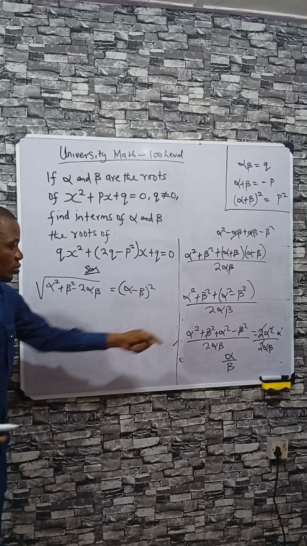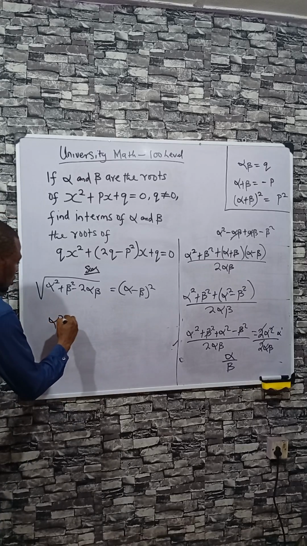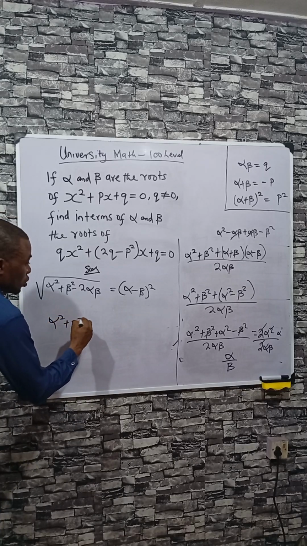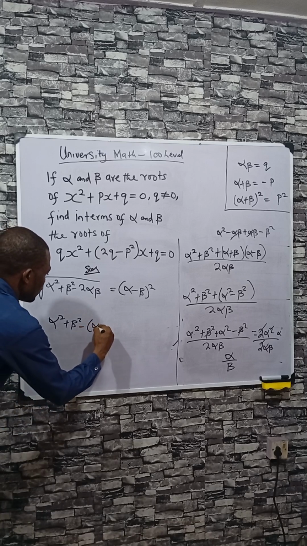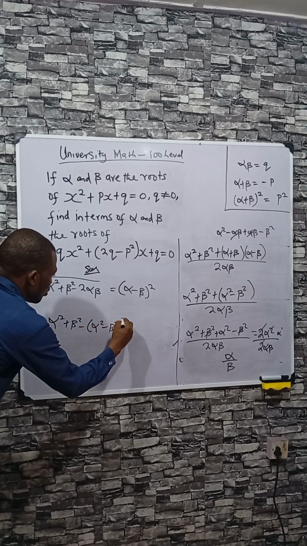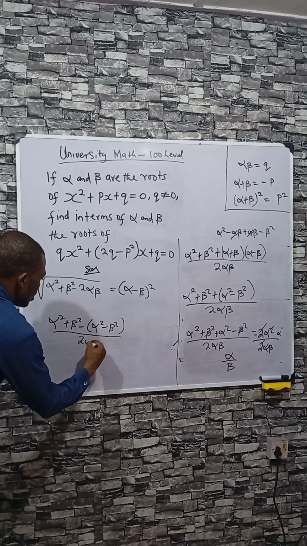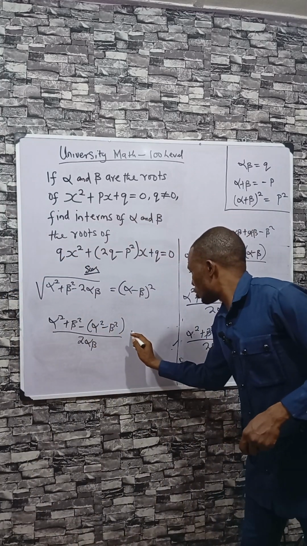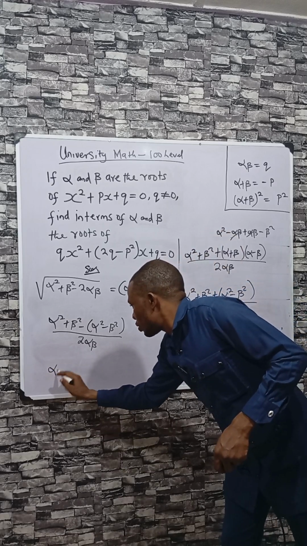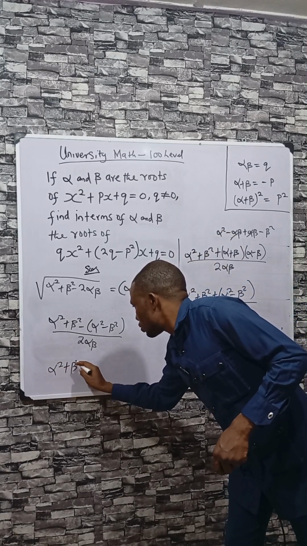But let's see the answer when we subtract. That will be alpha squared plus beta squared, then at the subtraction that is minus alpha squared minus this, divided by 2 alpha beta. If you check closely, you multiply the bracket there to have alpha squared plus beta squared.